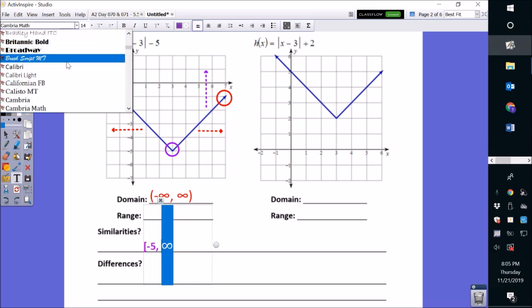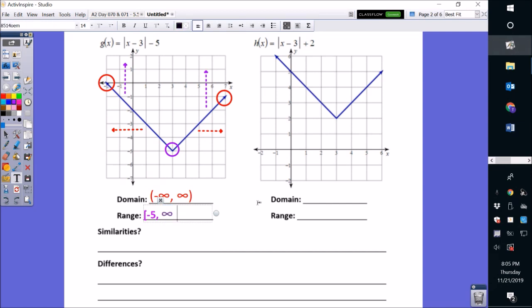So here, since we're using infinity, we always have to use parentheses like that. And that's how we identify or write out range for this graph. So be aware that all the infinities always use parentheses.